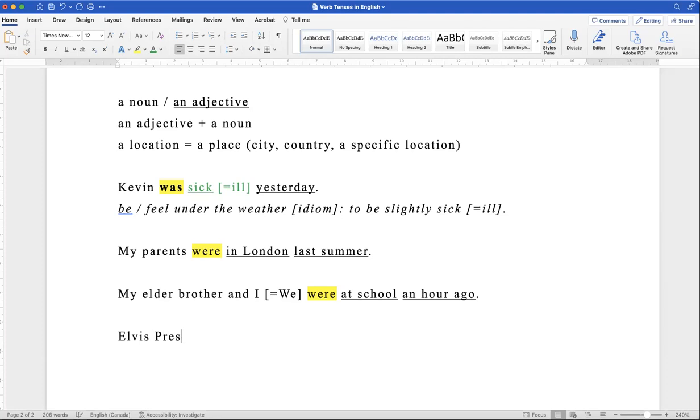Elvis Presley was very handsome. I don't use any time expression here because we know that Elvis Presley passed away, died many years ago. We can say died or passed away, past form. So Elvis Presley, we know that. It's common knowledge.